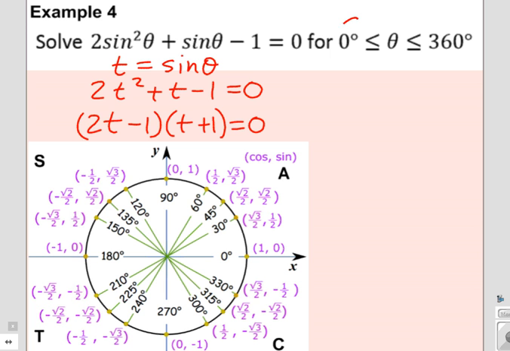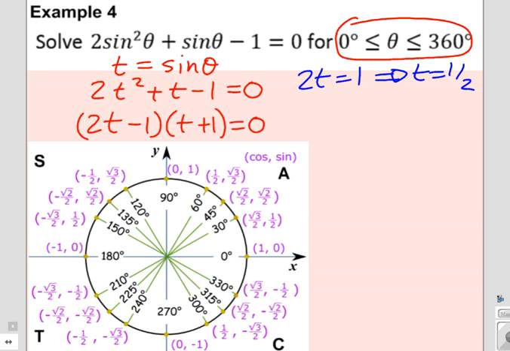And our domain is not 360. In effect, this means we're solving 2t equals 1, so t is a half. That means sine theta is a half. And also, t equals minus 1, that means sine theta is minus 1.